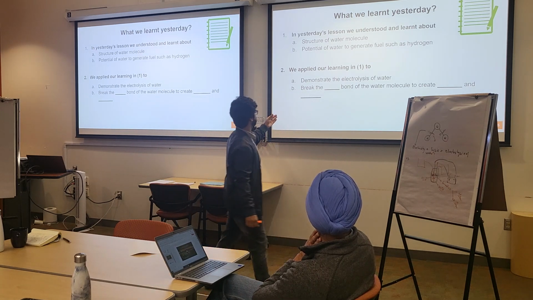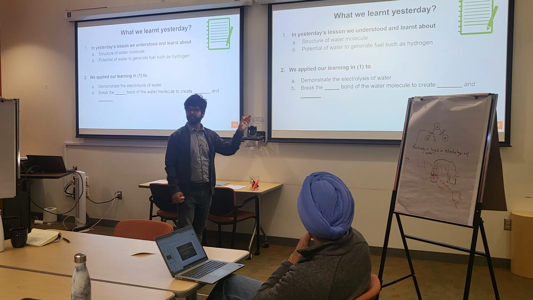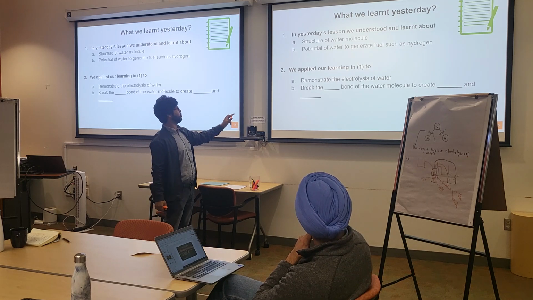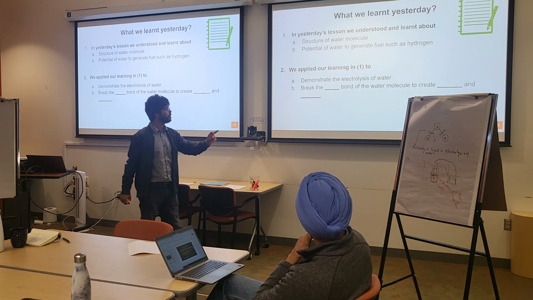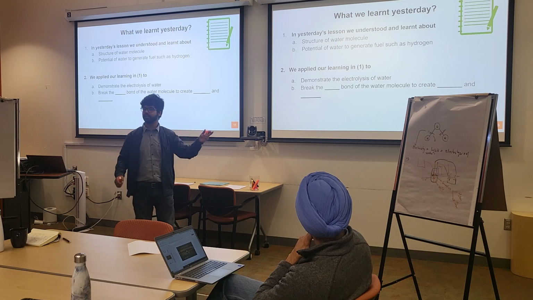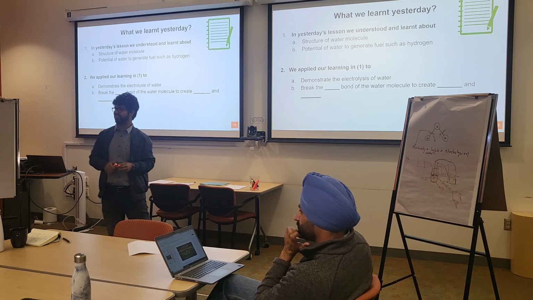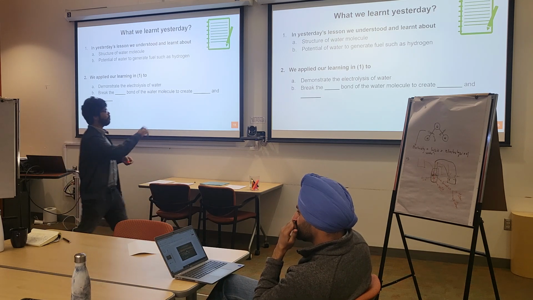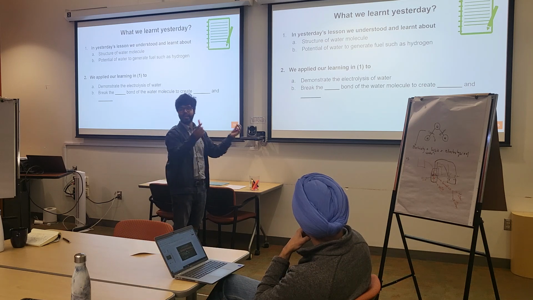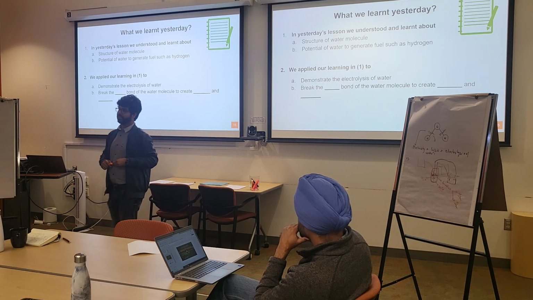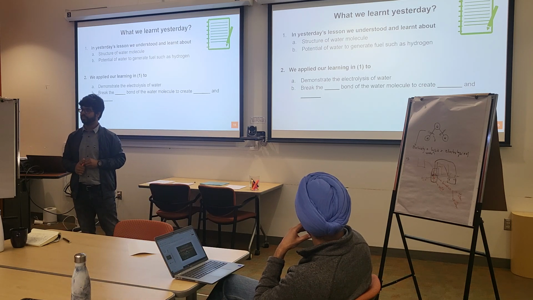But my question to you now is, can someone fill in this blank? So we demonstrated the electrolysis of water, and then we break the bond. So what bond do we break in water to create what and what? We create hydrogen and oxygen gas. I don't know what type of bond it is.